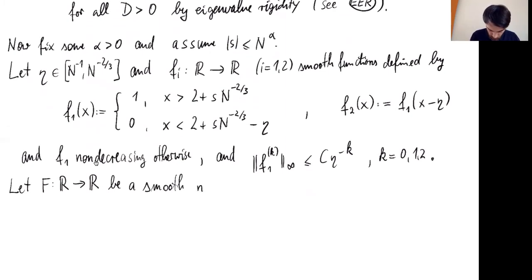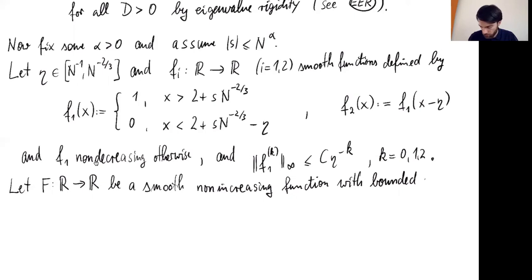The f_i are non-decreasing, capital F is non-increasing, and it should have the following properties. The derivatives need to be bounded. So it's just a nice, sufficiently regular, smoothed out test function.